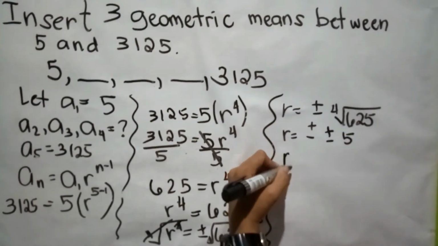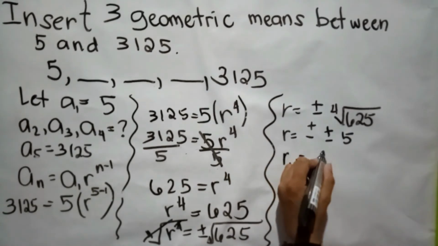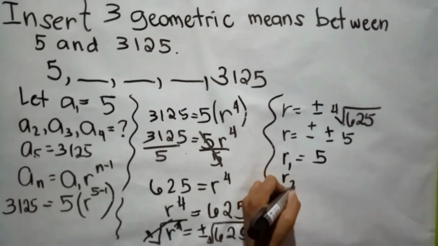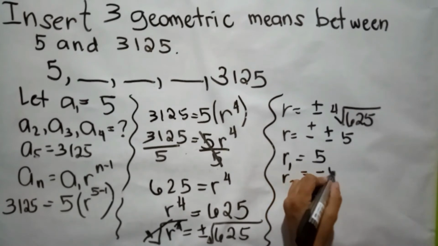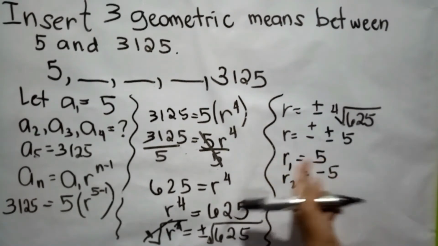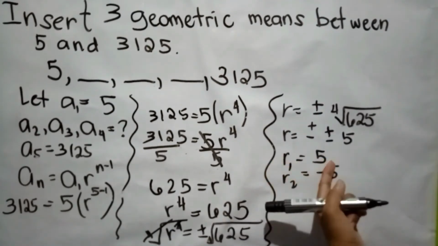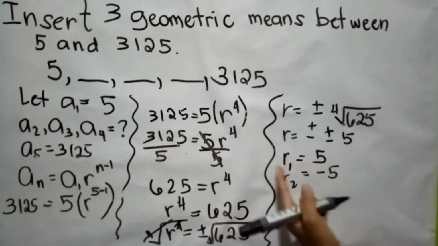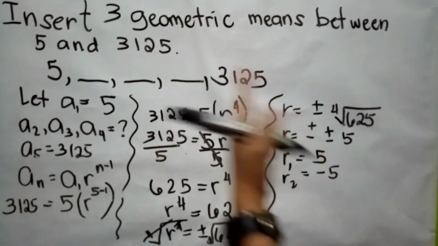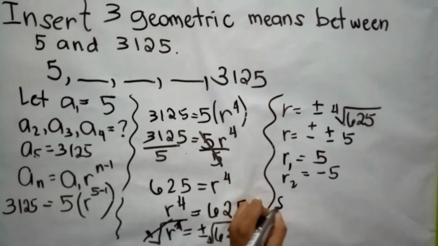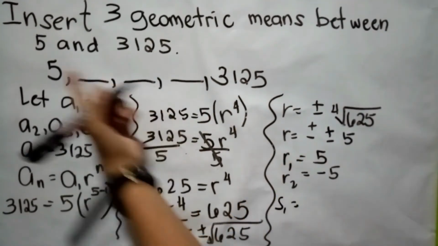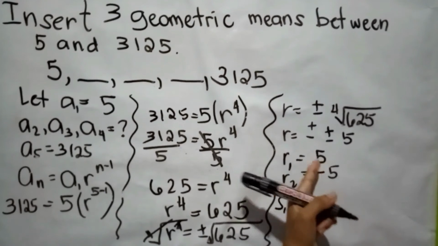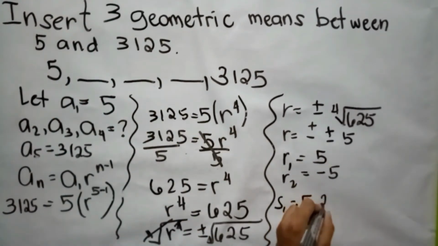The value of r sub 1 is equal to positive 5, and r sub 2 is equal to negative 5. First, we get the positive common ratio. So when r is equal to 5, our sequence starts by copying 5. So 5 times 5, 25.